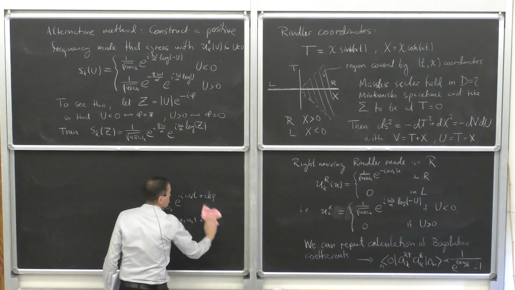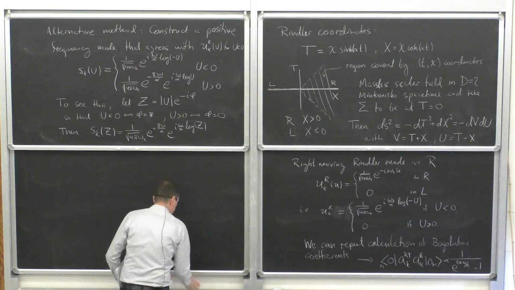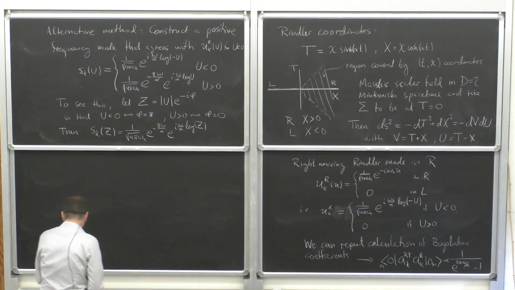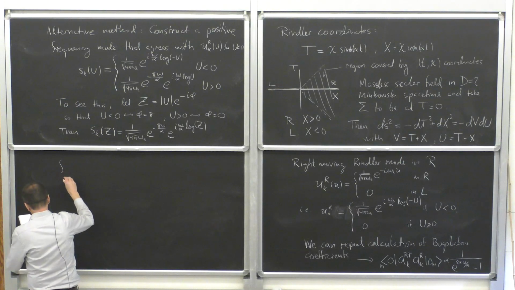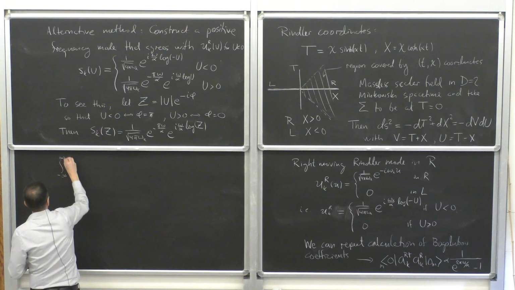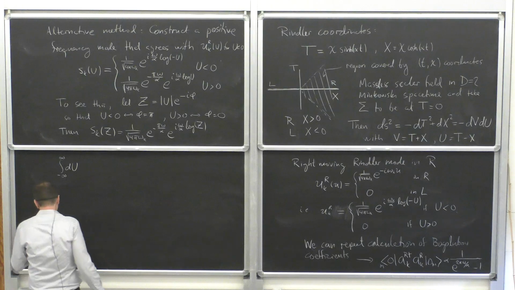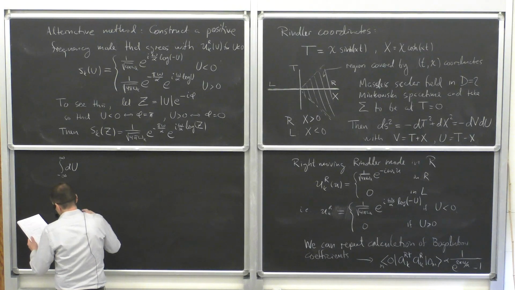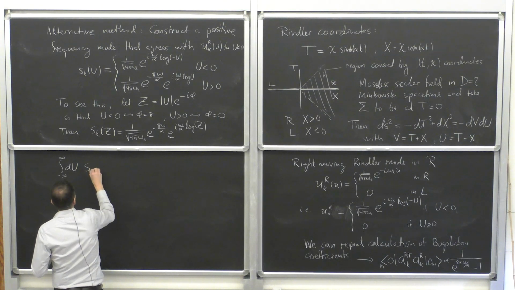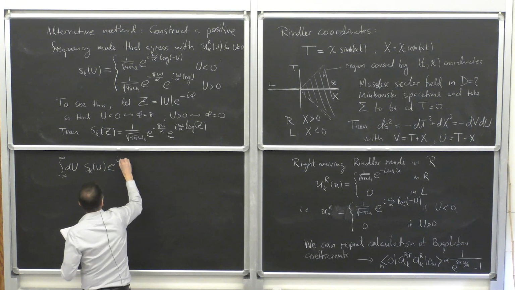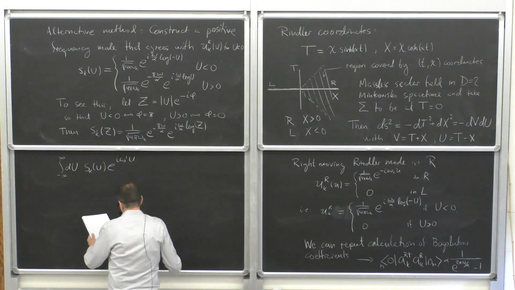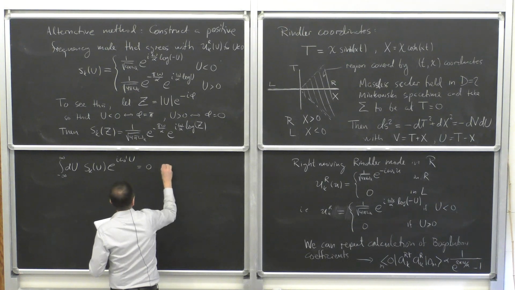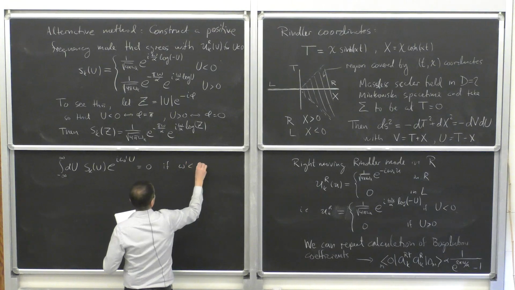So what you need to show is that the integral from minus infinity to infinity du of sk of u e to the I omega prime u, where omega prime now is, and this is going to be equal to 0 if omega prime is less than 0.